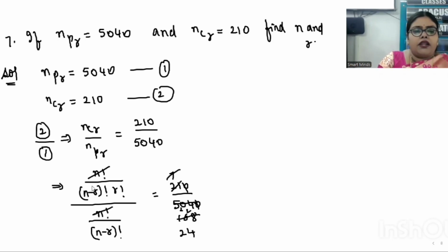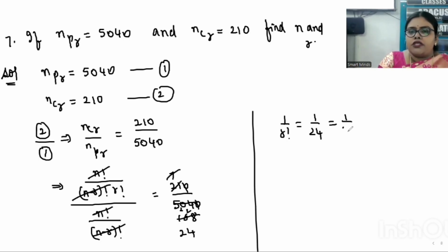Here n factorial and (n minus r) factorial get cancelled. So you will get 1 by r factorial equals 1 by 24. And we know that 24 is 4 factorial. So if you compare them, we get r equals 4.